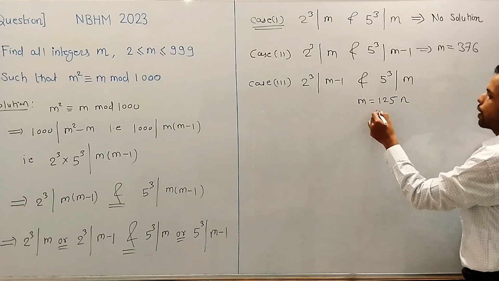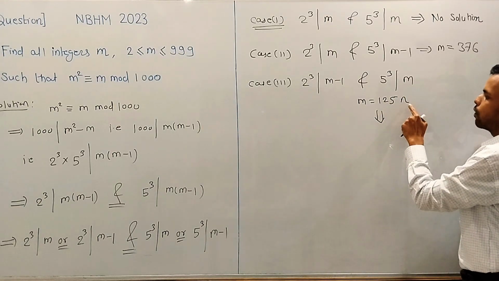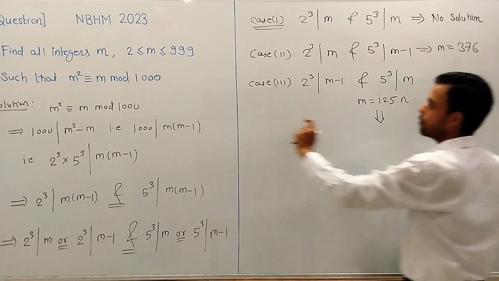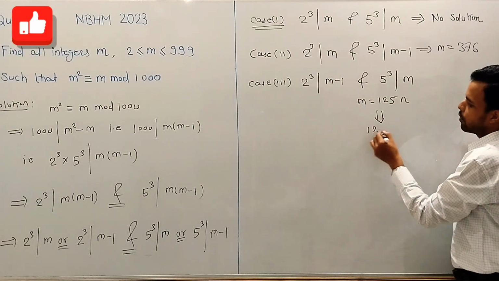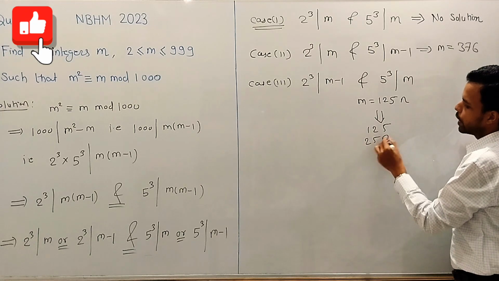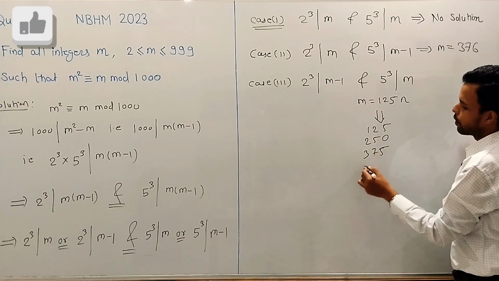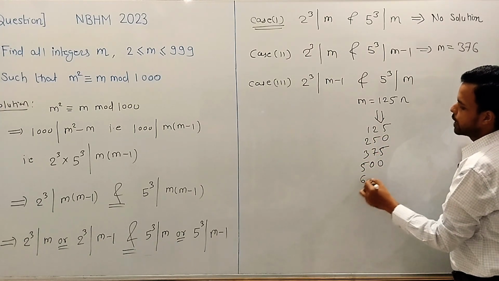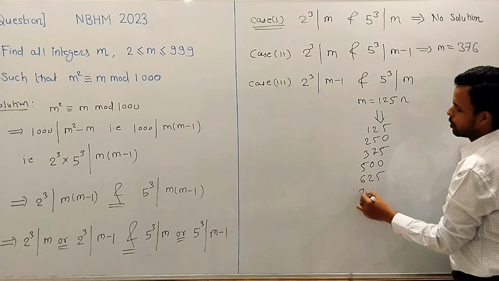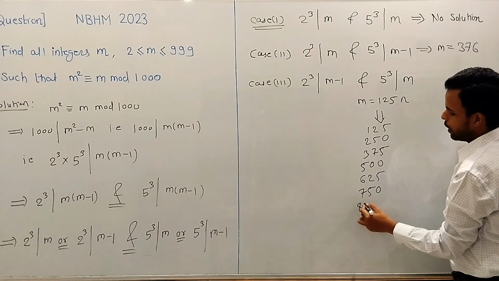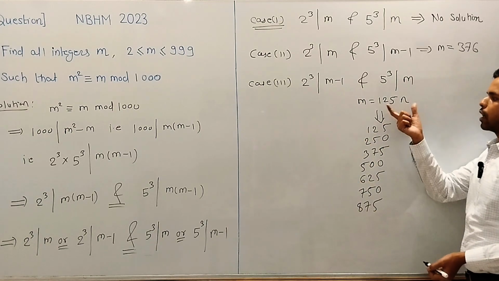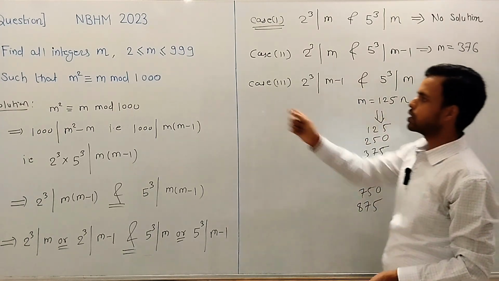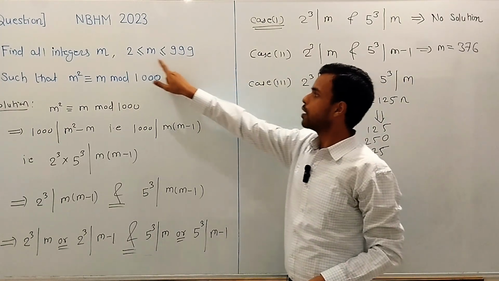So possible values of m are just multiples of 125 which are less than 999: 125, 250, 375, 500, 625, 750, 875. Okay. So these are the only values which are multiples of 125 and which are less than 999 and greater than 2.